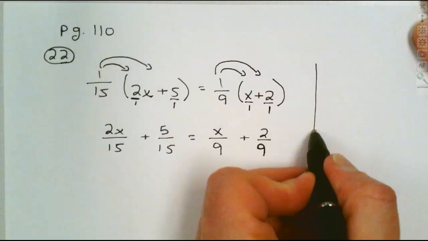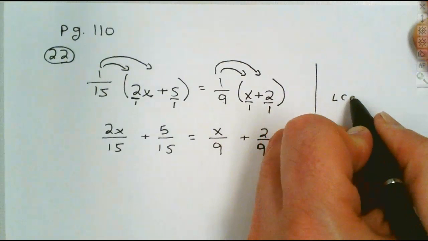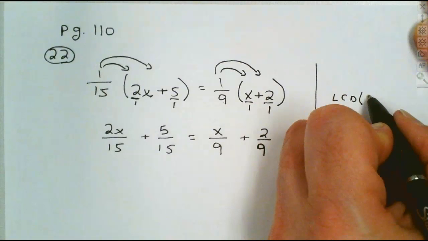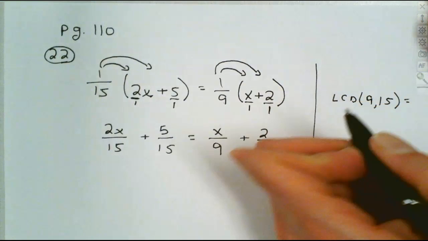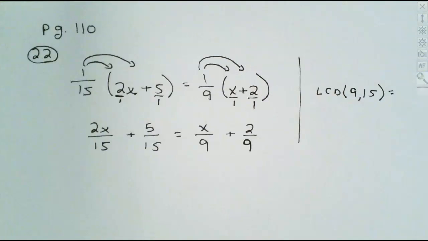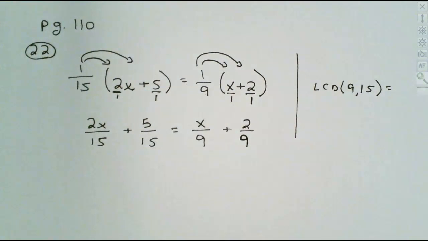What's the least common denominator of 9 and 15? Does anyone know? Least common denominator, 9 and 15. Okay, well, 3 wouldn't work because you've got to have a number that goes into both of these. Now, what about 45? Would 45 work? Yeah, 45 would work, and it's the smallest number.